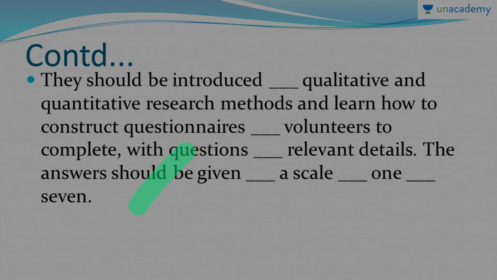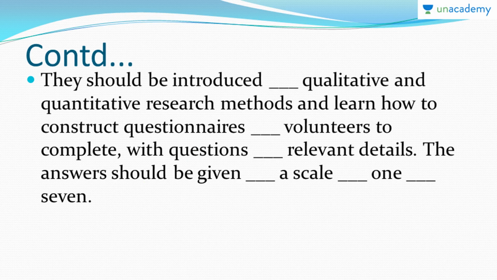So moving on, "They should be introduced ___ qualitative and quantitative research methods and learn how to construct questionnaires." So they should be introduced. "To" will be the right answer here. And why?